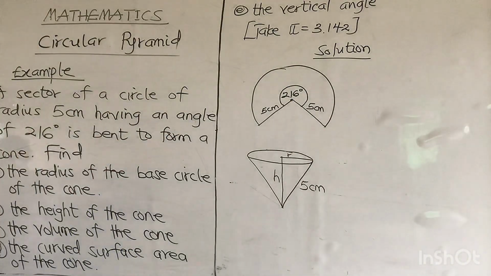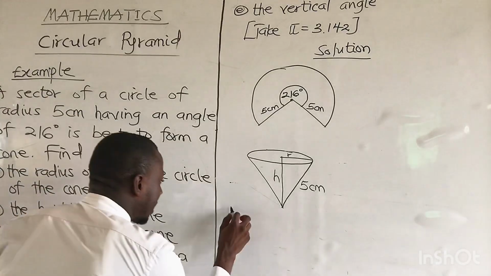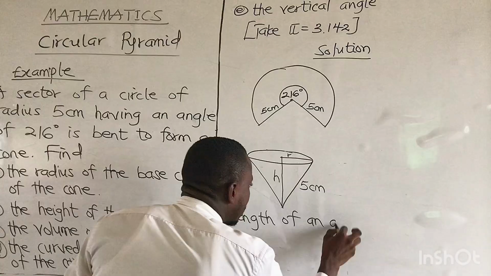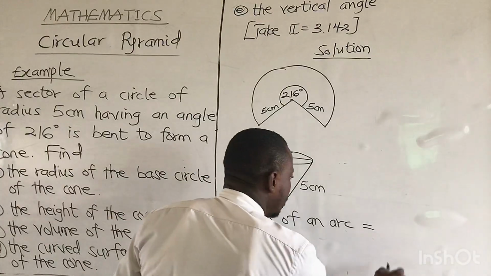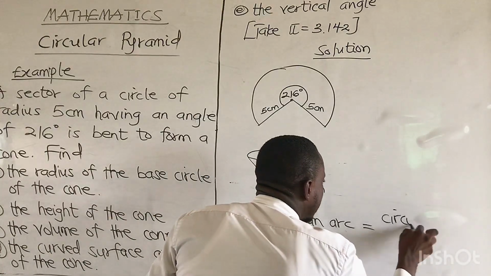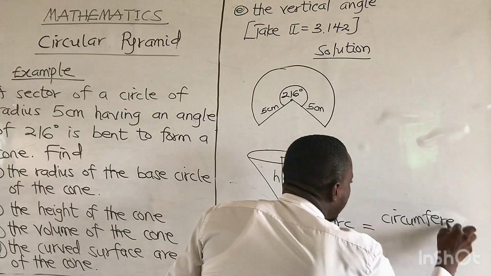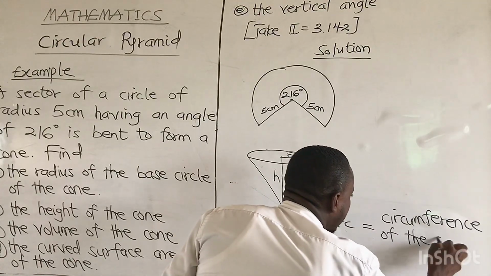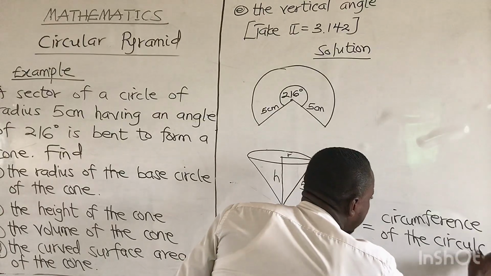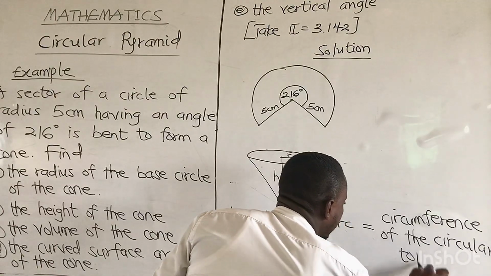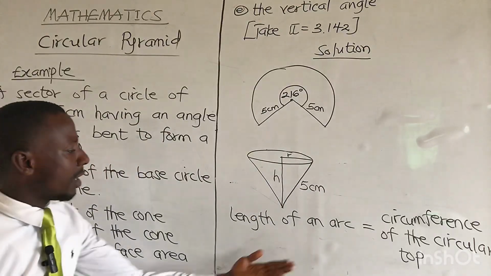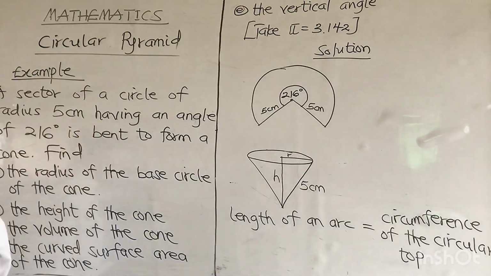So viewers, I can say that the length of an arc is equal to the circumference of the circular top. So it's the same as the circumference of the circle. So now let's look at the length of an arc.